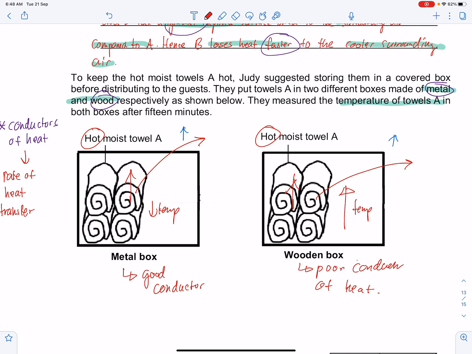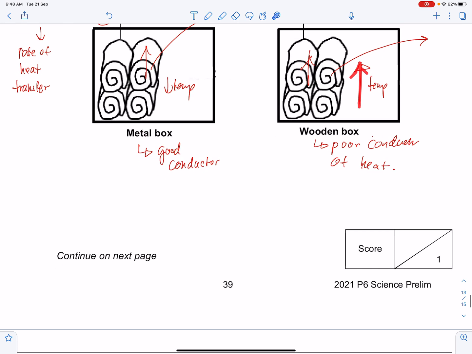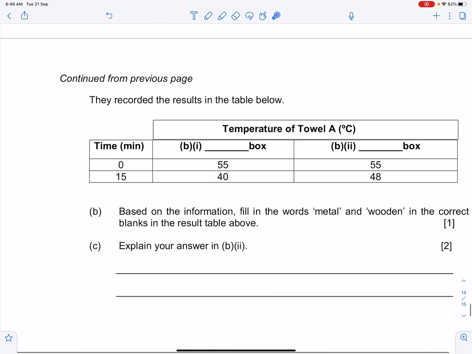Because heat can be lost at a faster rate for my metal box because it's a better conductor compared to my wooden box. Because the wooden box is a poorer conductor, heat will be lost at a much slower rate, therefore retaining more heat and the temperature will be higher. So let's look at what the question is asking.